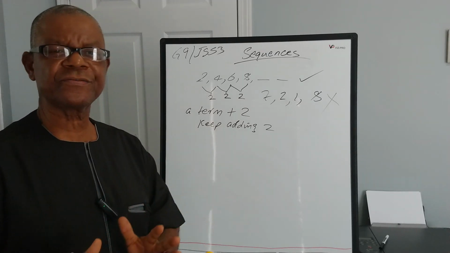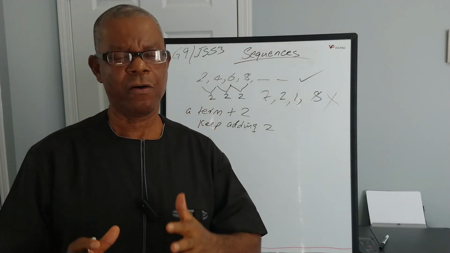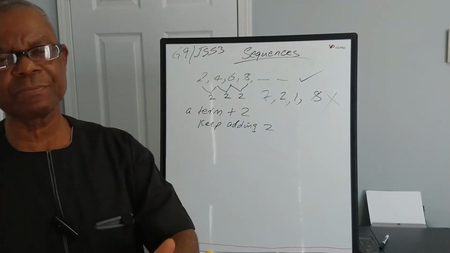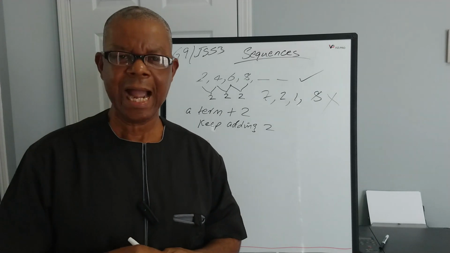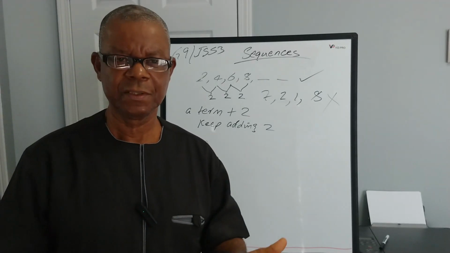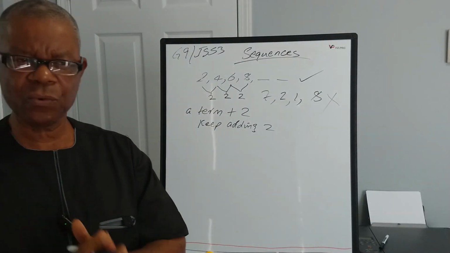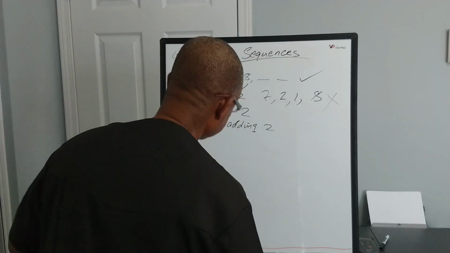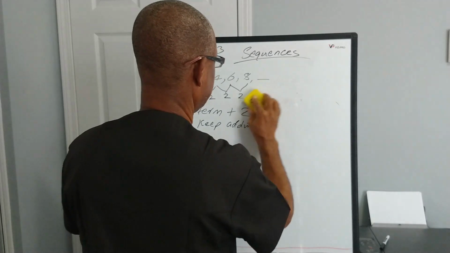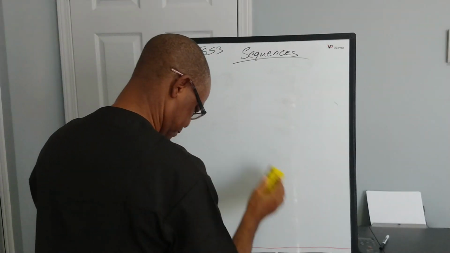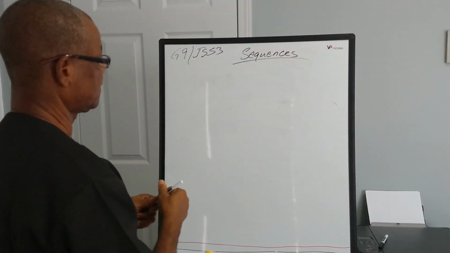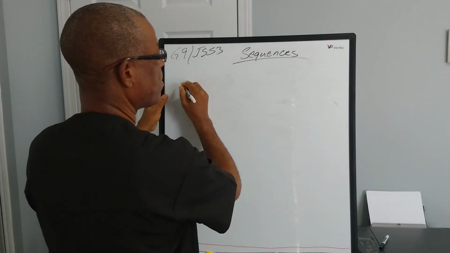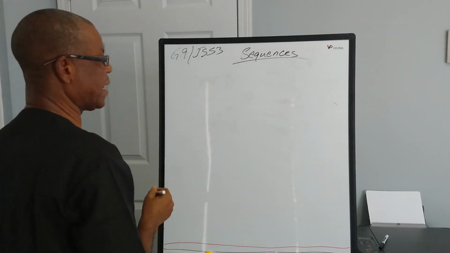Now let us have some examples of a sequence where we may be asked to add more terms to a given sequence, and also to find the rule that is applied to that very sequence. Example: we have a sequence given this way.